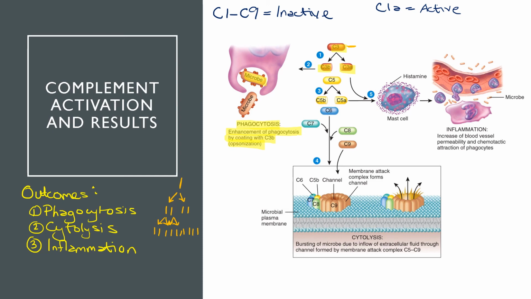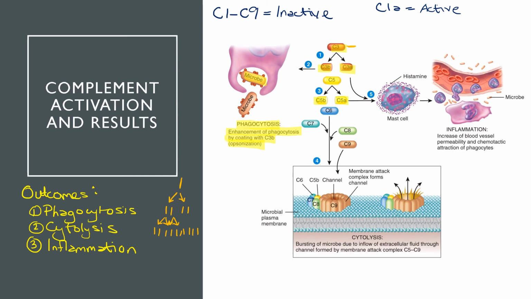Now C3b can also initiate a series of reactions to bring about cytolysis. First, this activated C3b can split C5 into an active C5b and C5a.